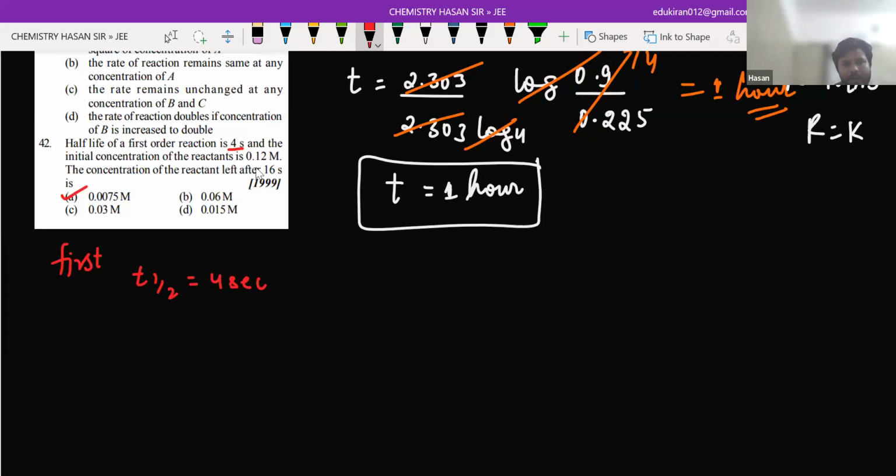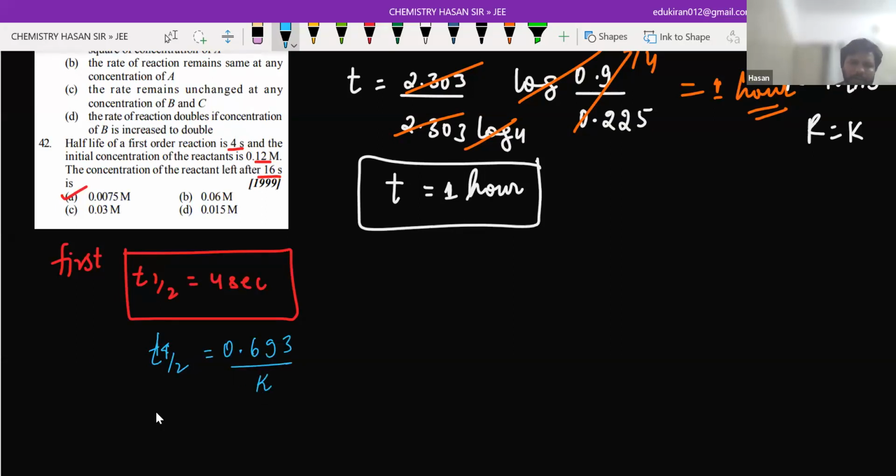The initial concentration is given, and we need to calculate the concentration after 16 seconds. With the help of this, we can easily calculate the value of K. You know that T half for first order reaction is 0.693 upon K. So K will be equal to 0.693 upon T half, that is 4.